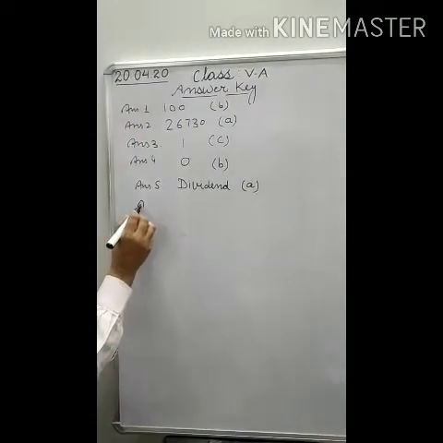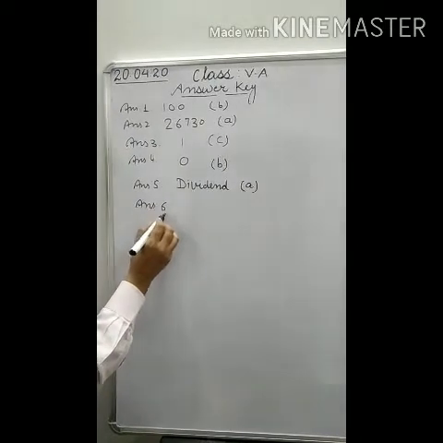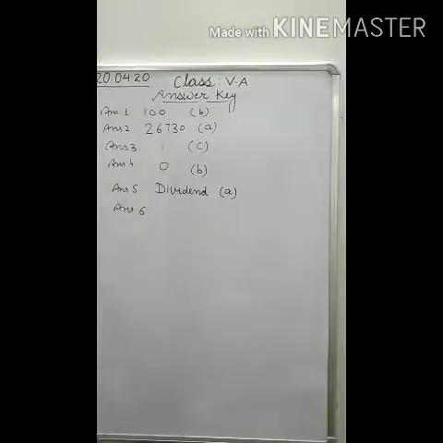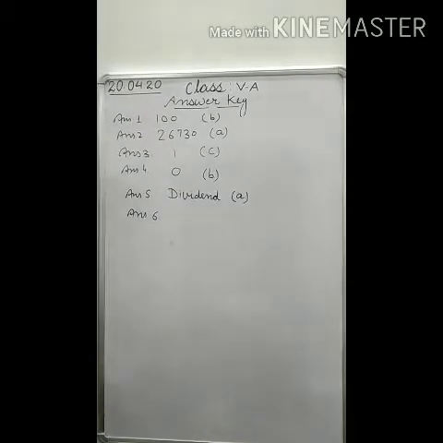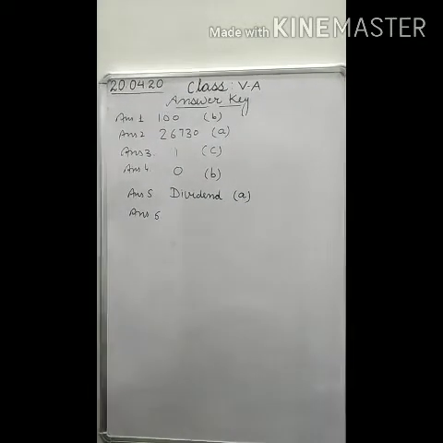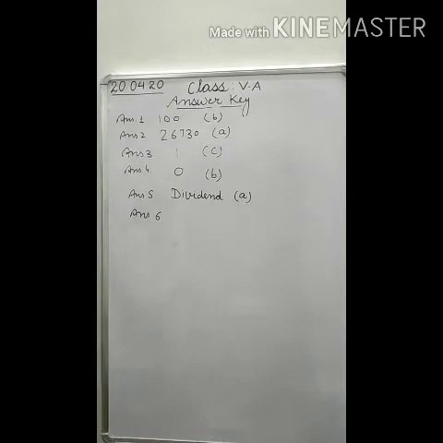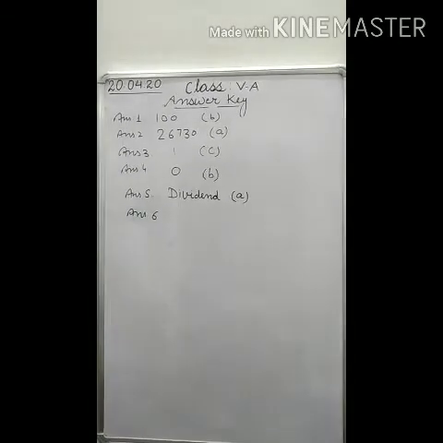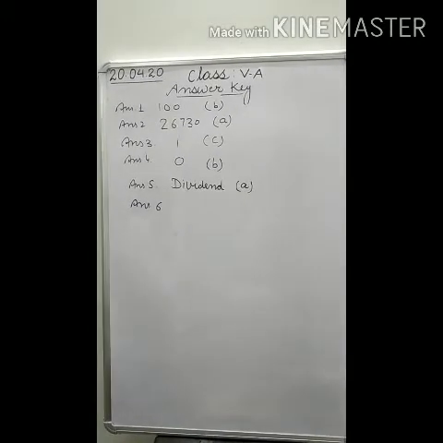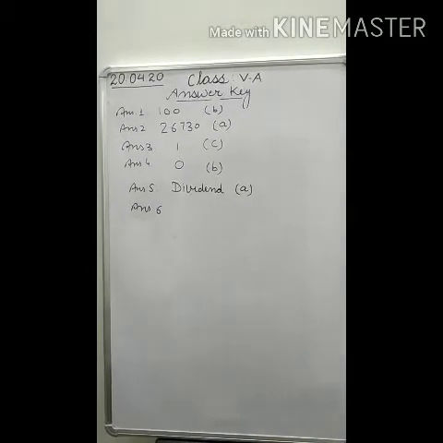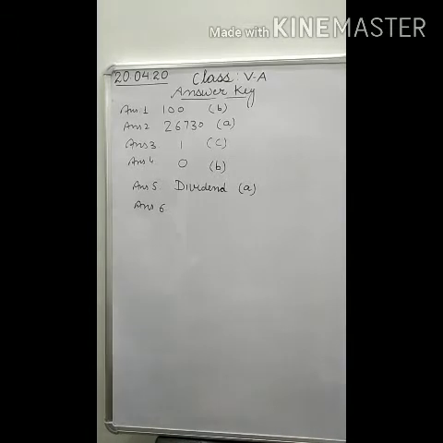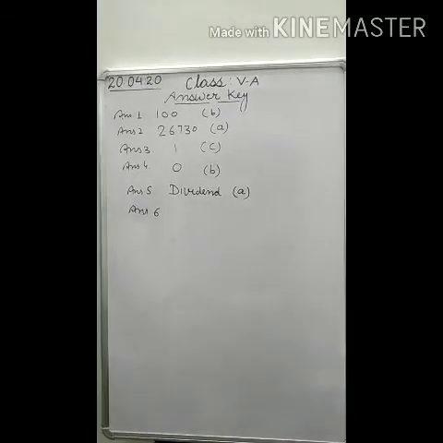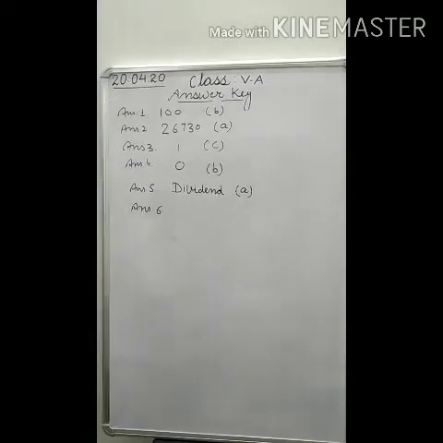Now come to the next answer. Answer number 6. In this question 6, first you see you have been given that in the DMAS rule, M stands for dash. We know that in the DMAS rule D stands for division, M stands for multiplication, A stands for addition, and S stands for subtraction.